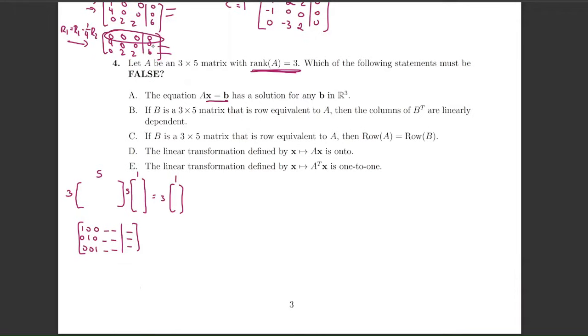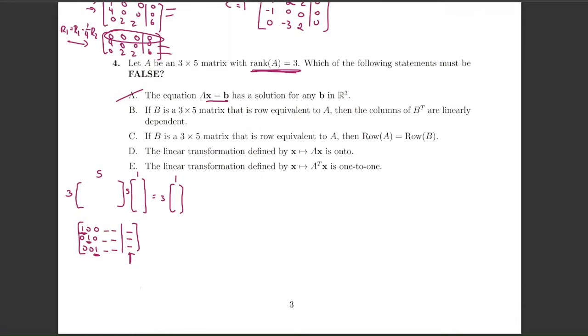From this, you can see that there's no row of zeros, which ensures that there will be a solution for every possible b in R^3. This is because every relevant variable for the 3 by 1 space has a pivot entry, so you will be able to have a solution for any possible b. So that means that this statement is true, so this is not the answer.